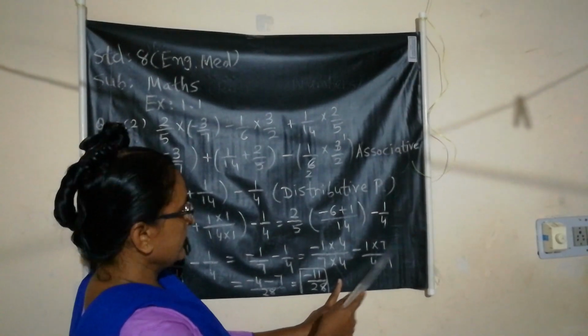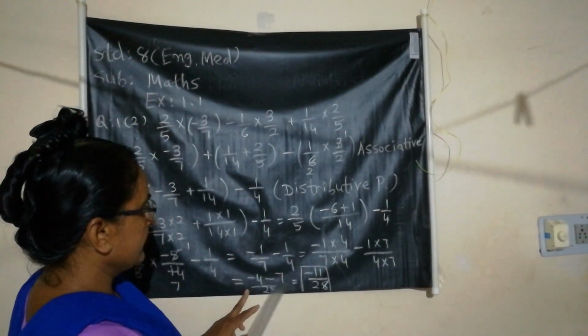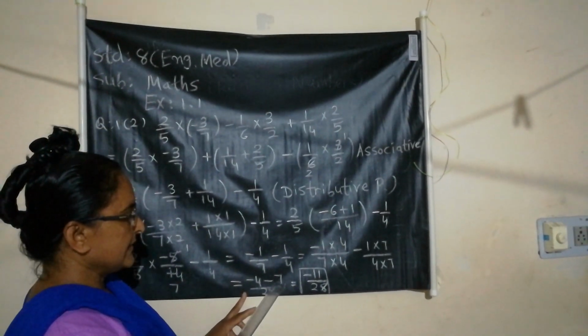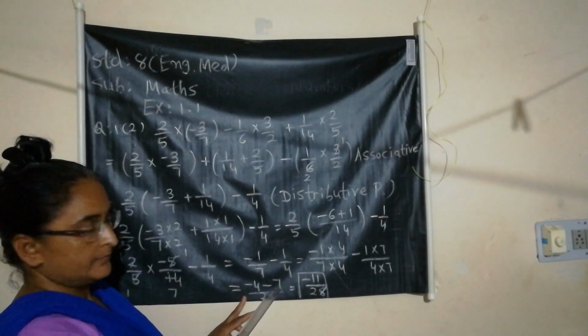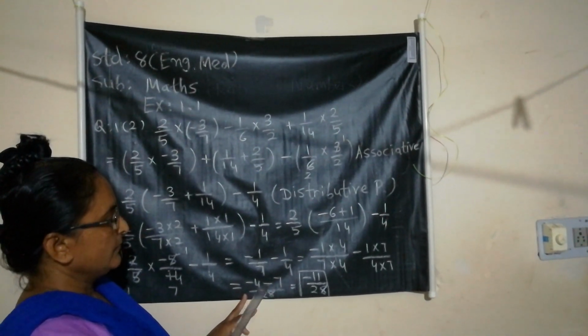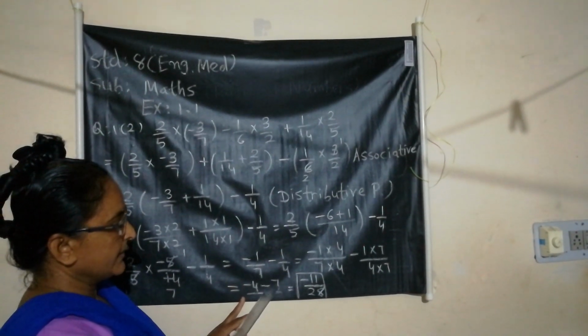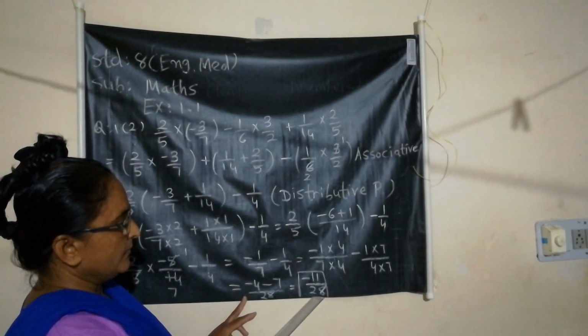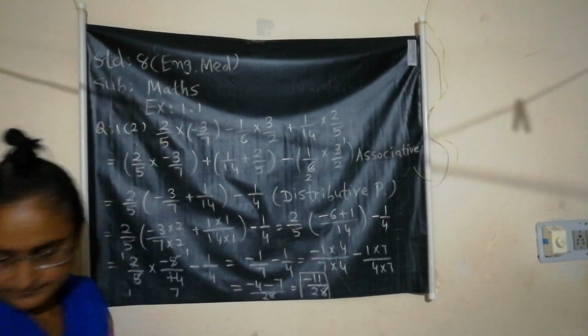Negative 1 into 7, negative 7. Upon 7 fours are 28. Negative 4, negative 7. Therefore we have to do the sum of these two numbers. 4 plus 7, 11, and the sign of the greater number, negative. Negative 11 upon 28. This is the answer.